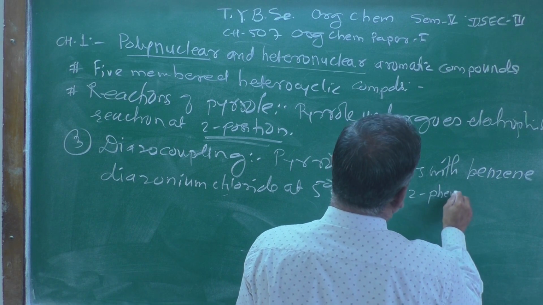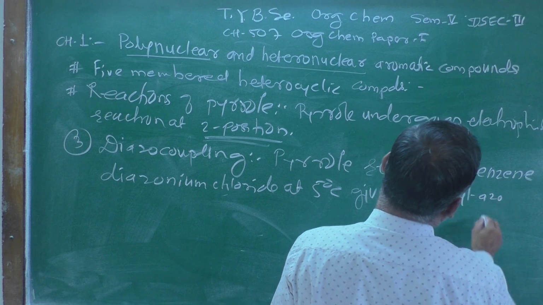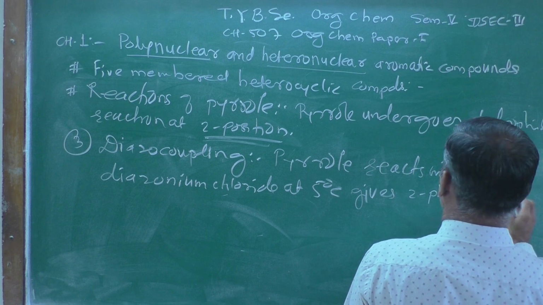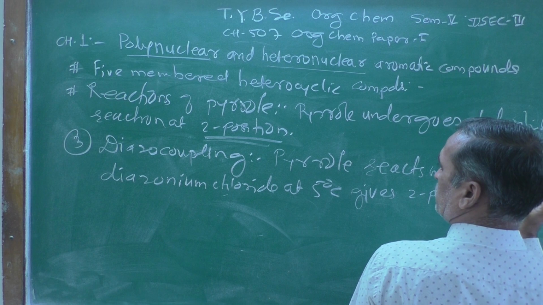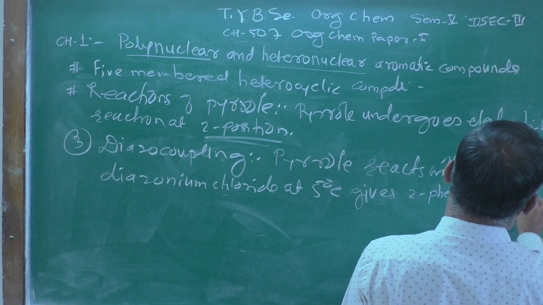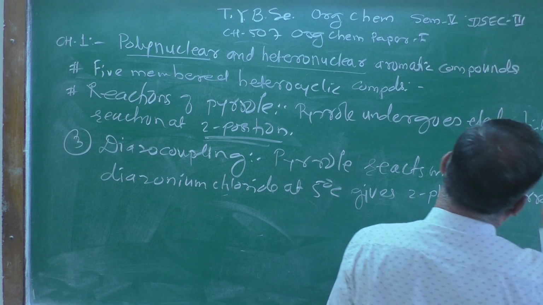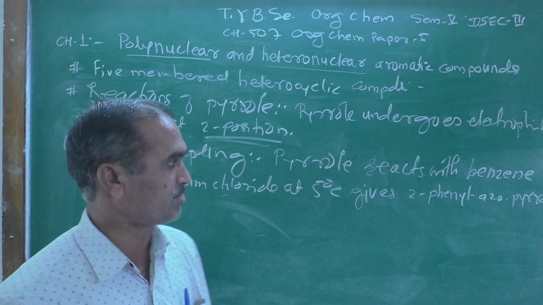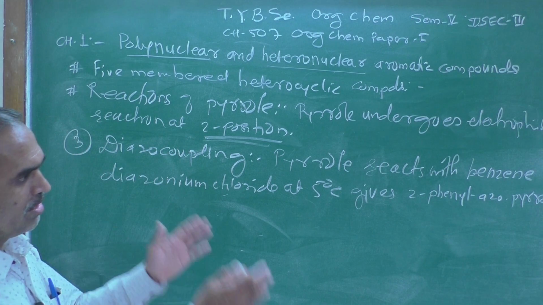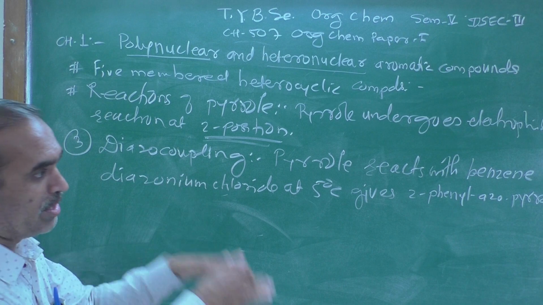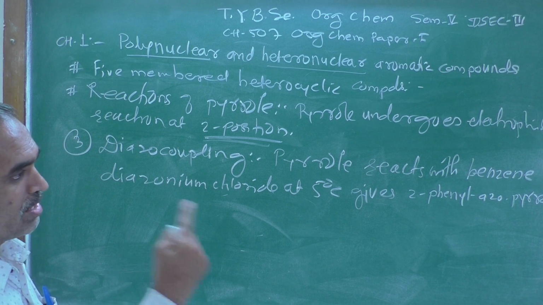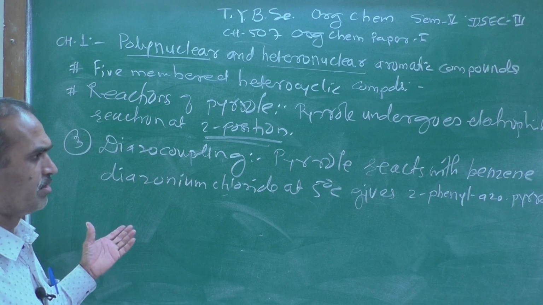2-phenyl azopyrrole. That's the reaction generally in the wording we are writing, and now we are going to represent it by showing it as a chemical equation.